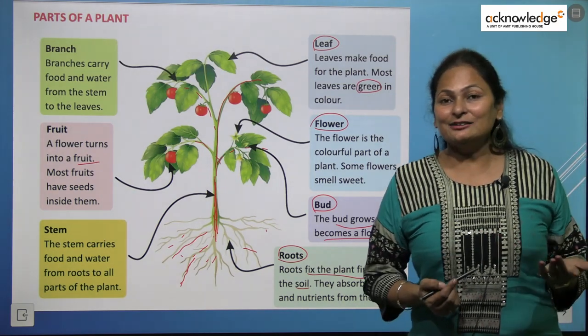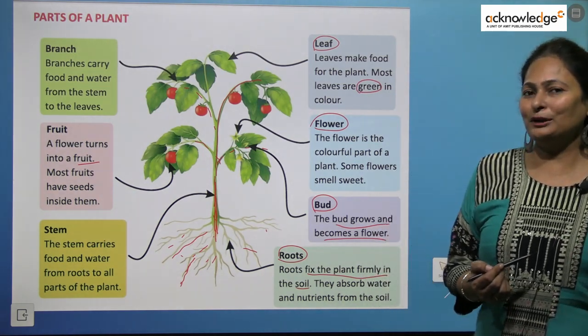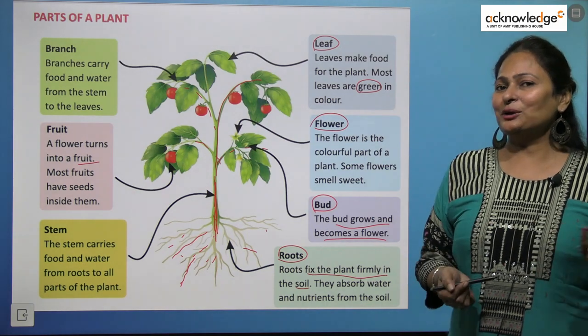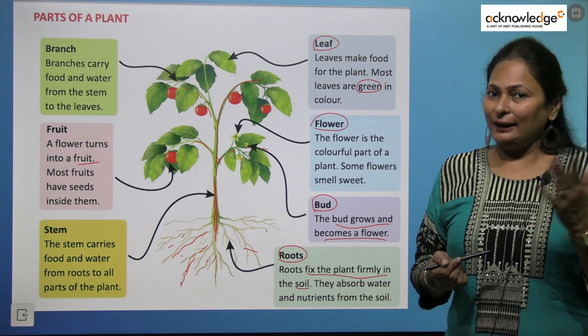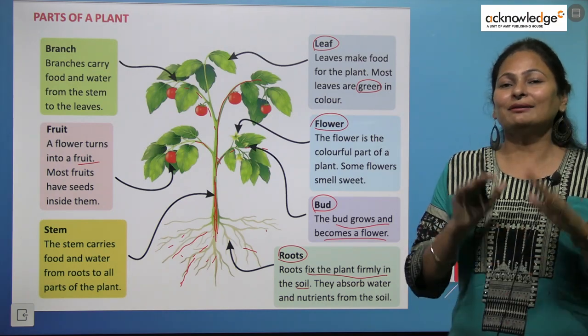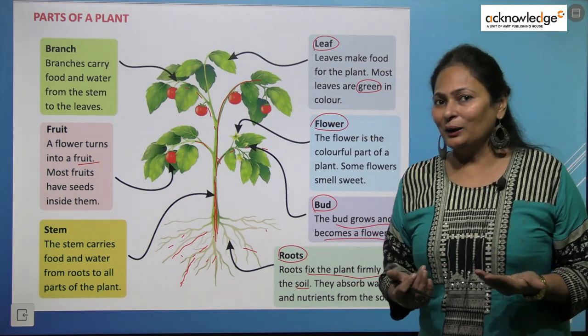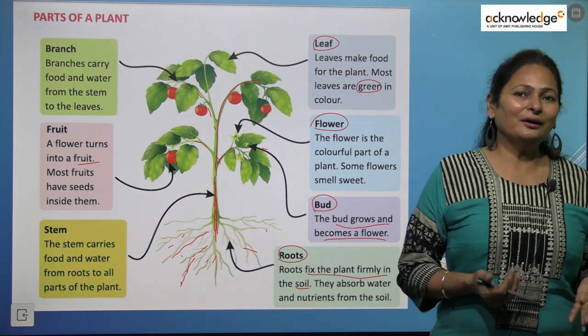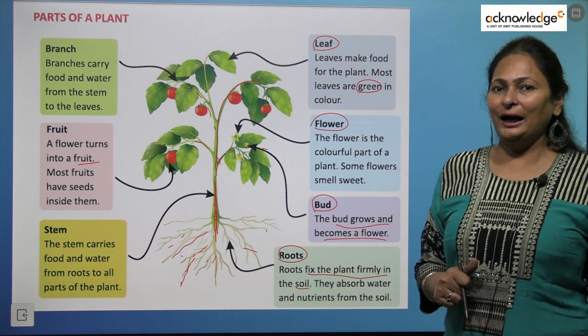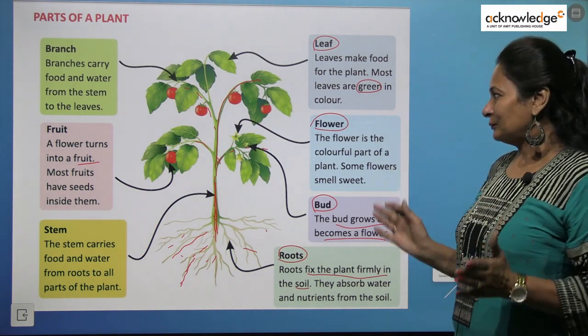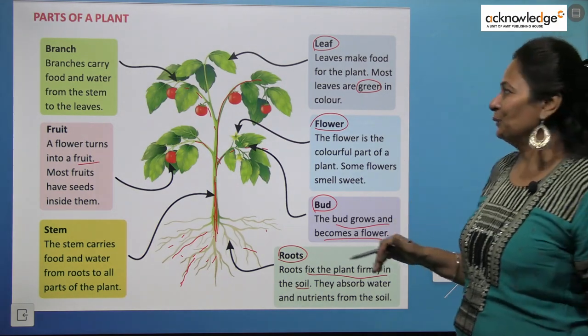So, green leaves only can prepare food for the plant, right? As your mom cooks food for you in the kitchen, so, that is why the green leaves are called kitchen or food factories. They make food for the plant and for us also.